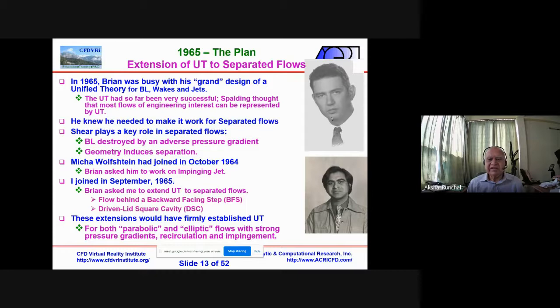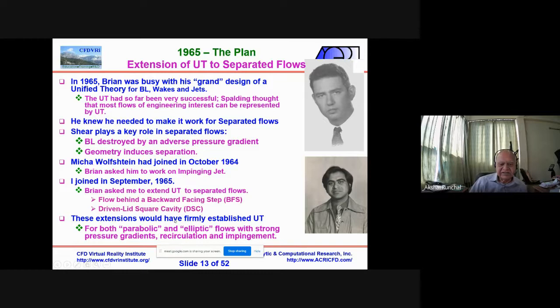So he said, hey, Patankar has come up with a nice method. Why don't you use it for your problem? So Micha Wolfstein and I started using that, and we found that the boundary layer is destroyed by an adverse pressure gradient, which occurs during these two kinds of flows, and you can't use those profiles for the impinging jets or for the backward facing step or for the square cavity on which I was working.